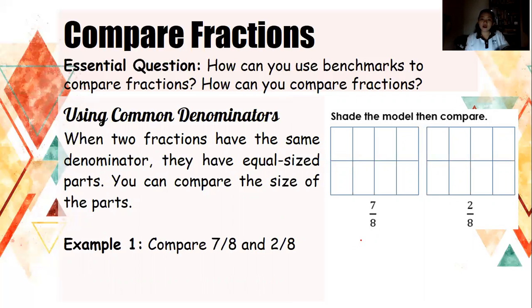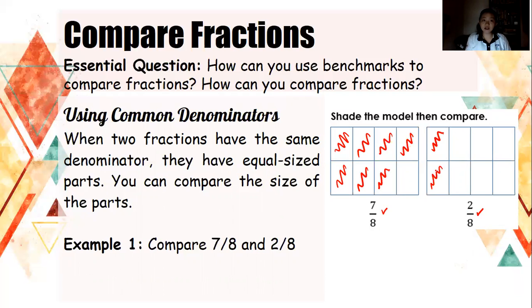Now I have here again two models. One is cut into 8 parts, same thing as the other one. But we have to shade, in this particular given, 7 parts, while the other one, only 2 parts. So you will see right away that 7 out of 8 is bigger than 2/8.